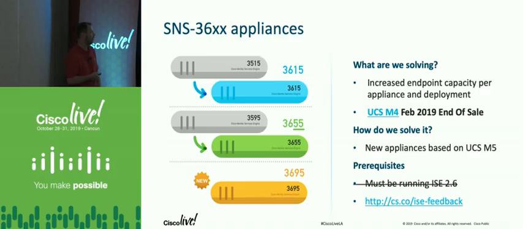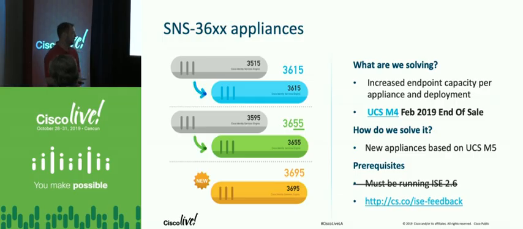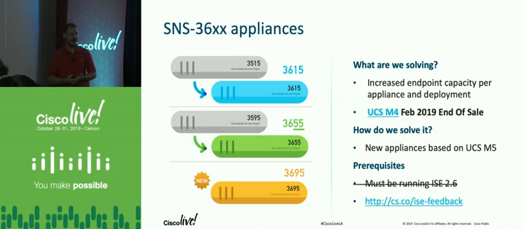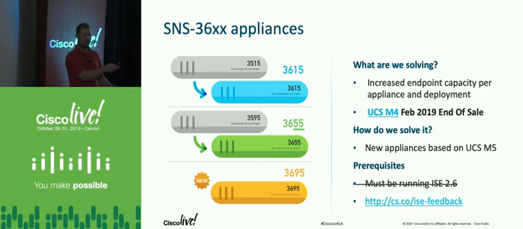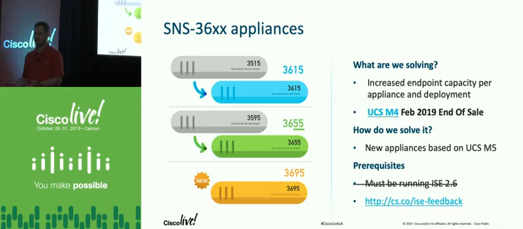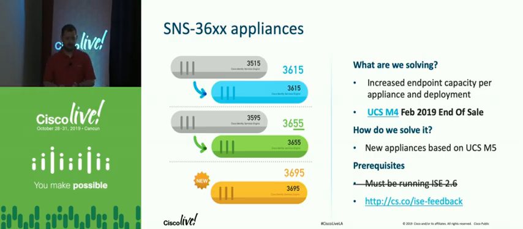At the same time that 2.6 was released, we released the 3600 appliances. They are based on the UCS M5 series appliances. The first piece of customer feedback we got, which was valid, was, hey, these are great, you've end of saled your 3500s, but now if I want to expand my existing ISE deployment, I've got to upgrade everything to 2.6.